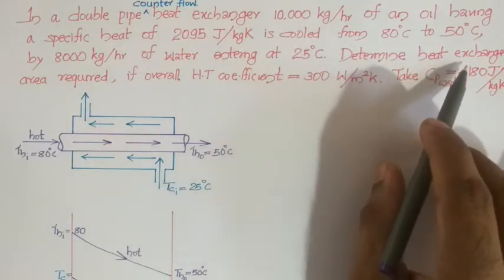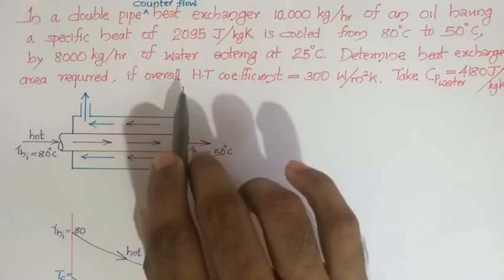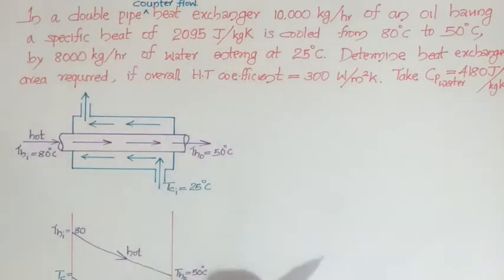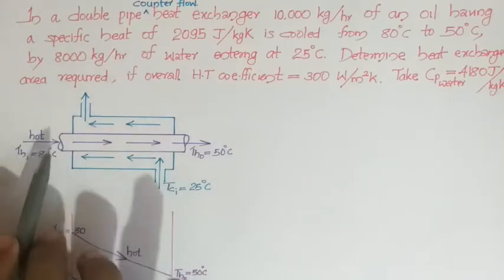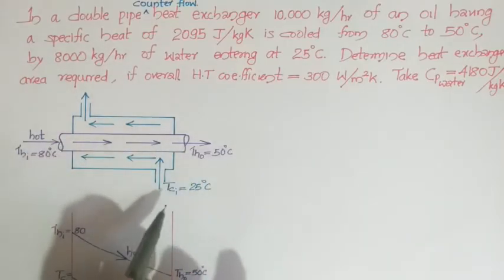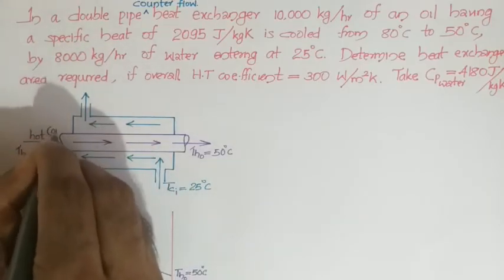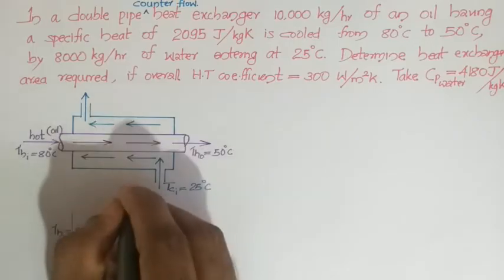Here you have to evaluate the heat exchanger area which is required if the overall heat transfer coefficient is also given and Cp of water is also given. So here we have a counterflow heat exchanger where both the fluids are flowing in opposite directions. Hot fluid is the oil and cold fluid is the water.